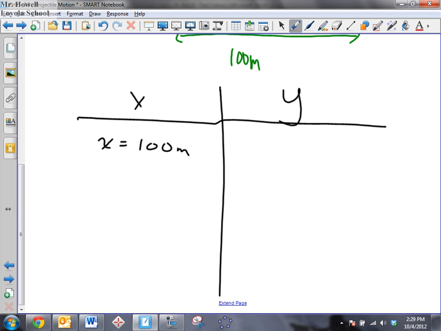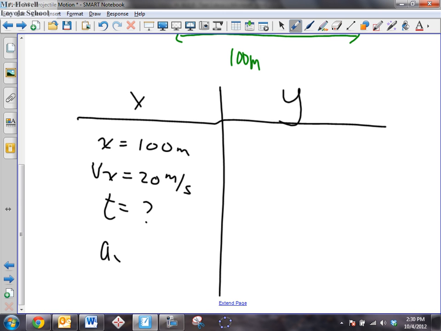What else do you know? We know the velocity equals 20. Again, we know these two facts in the x, don't we? Do we know time? No, leave it blank, but we can find time very easily in the x. Acceleration is always 0.